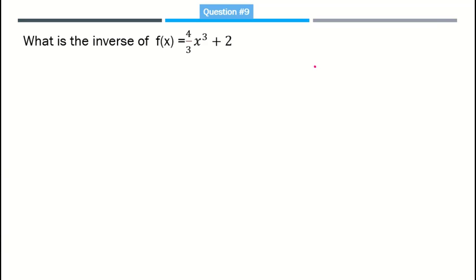All right, moving on to question number 9. We're asked, what is the inverse of f of x equals 4/3 x to the third plus 2? So we're going to list what we're doing. The first thing that I see that we're doing to x is we're raising it to the third power.